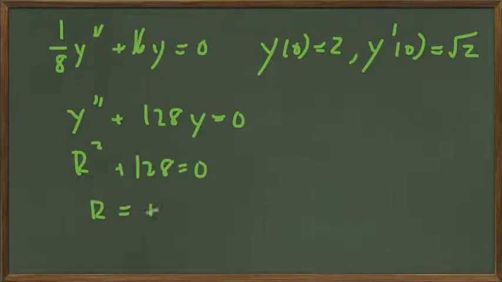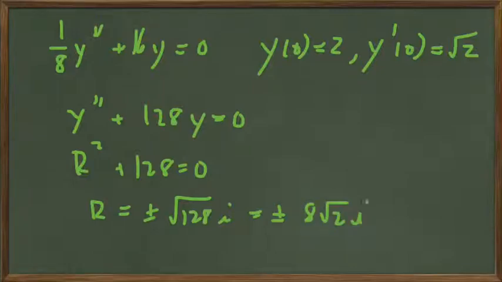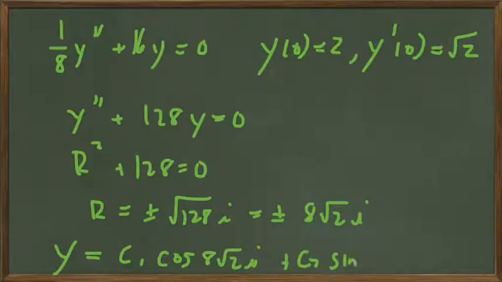R equals plus or minus square root of 128 i, which is plus or minus, that's 64 times 2, so that's 8 square roots of 2 i. So the solution is C1 cosine 8 square roots of 2 t plus C2 sine 8 square roots of 2 t.